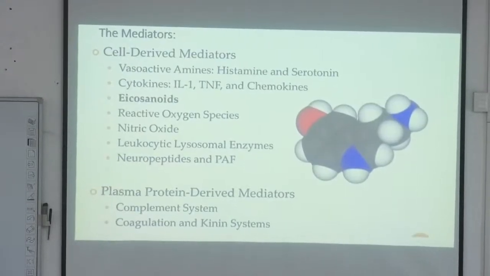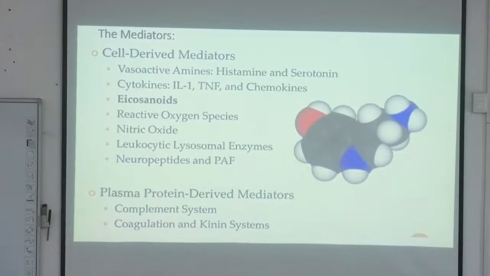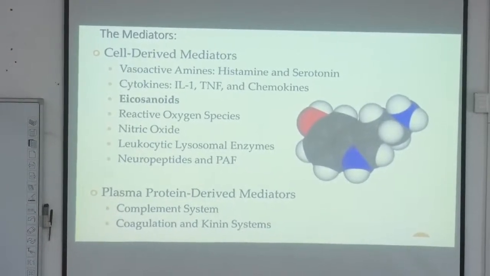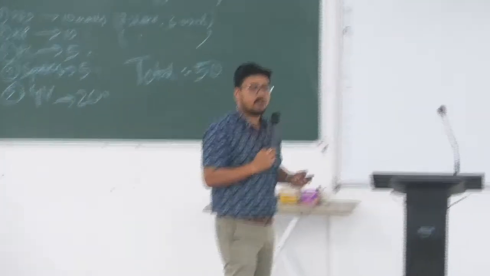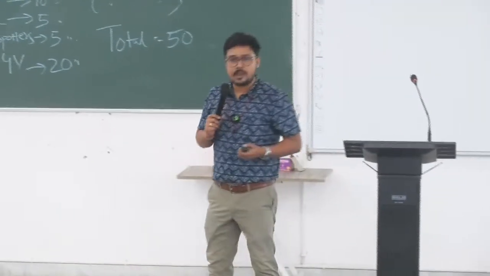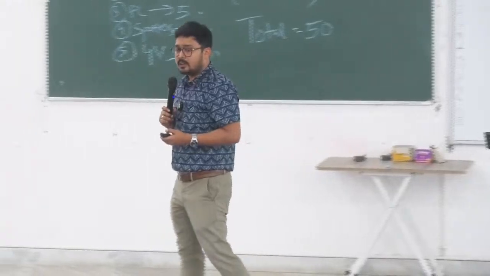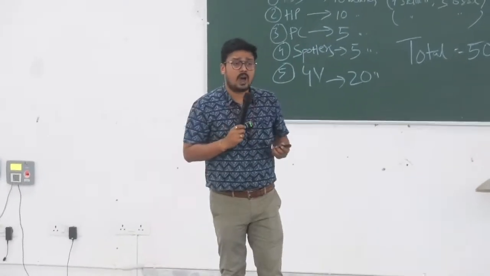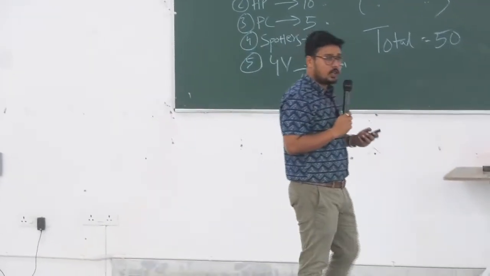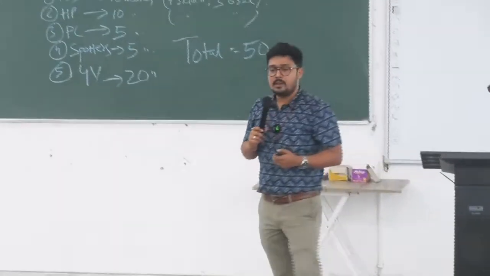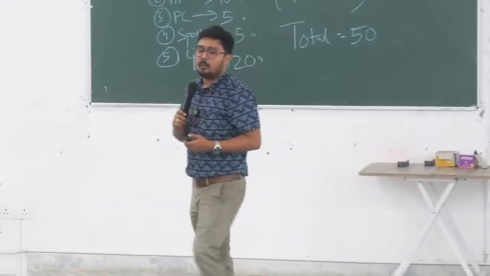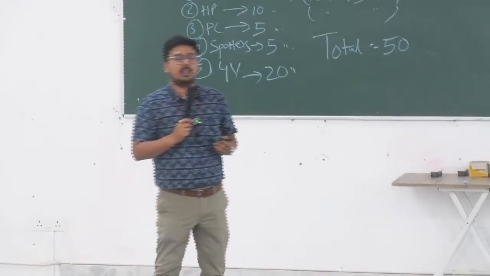Now, the most important cell-derived mediator, newly synthesized and often asked as a short note, are icosanoids. What are icosanoids? What does the word icosanoid mean? Icosa means 20 in Greek. So icosanoids are the molecules derived from a 20 carbon molecule, namely arachidonic acid.